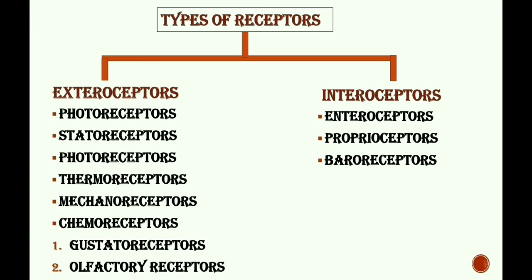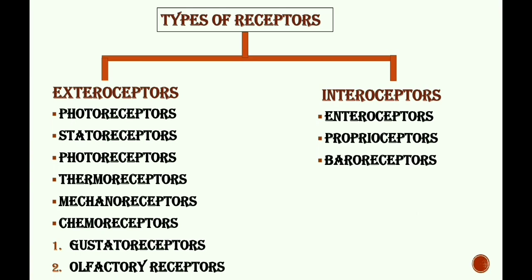If I say the word exteroreceptors, that means the one which receives external stimuli. And if I say the word interoreceptors, that means the one which receives stimuli coming from within the body.